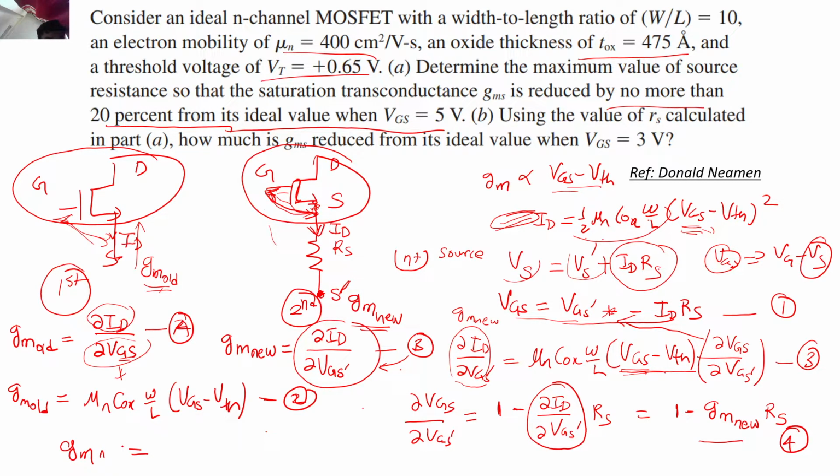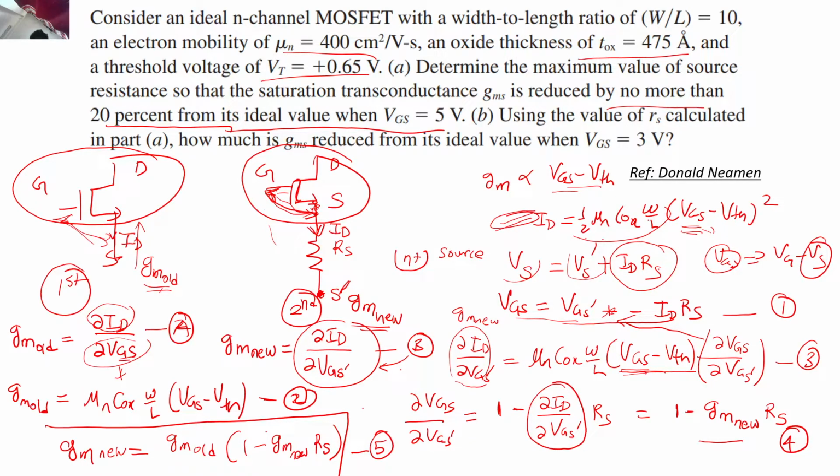So your gm old into ∂Vgs by ∂Vgs dash, which we have just calculated as 1 minus gm new times Rs. So this is my equation number 5. Please note down this equation. We will be using this for solving the question.